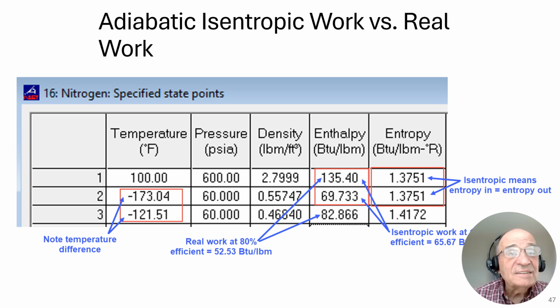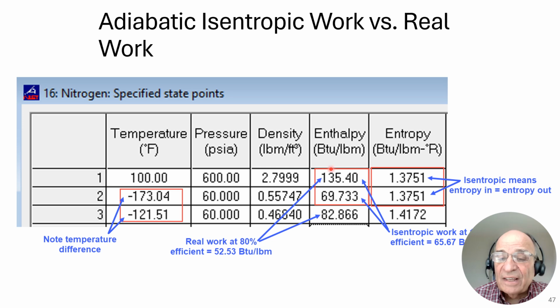But realize this is an 80% efficient expander. So because it's 80% efficient, there's going to be less work coming out. How much work is coming out of this expander? It's the difference between the work or the enthalpy that went in versus the enthalpy that came out. So it's this value here.